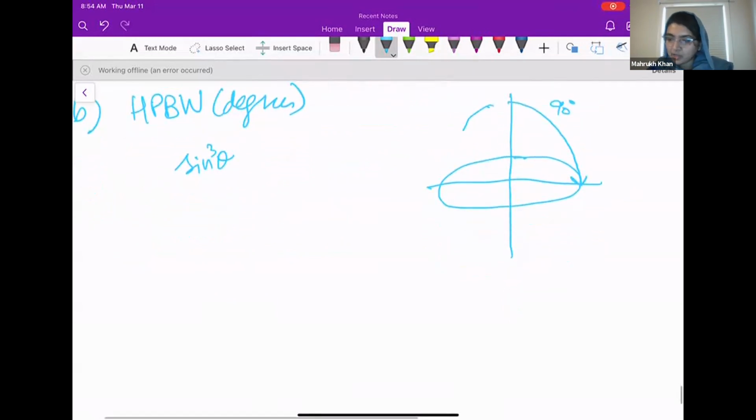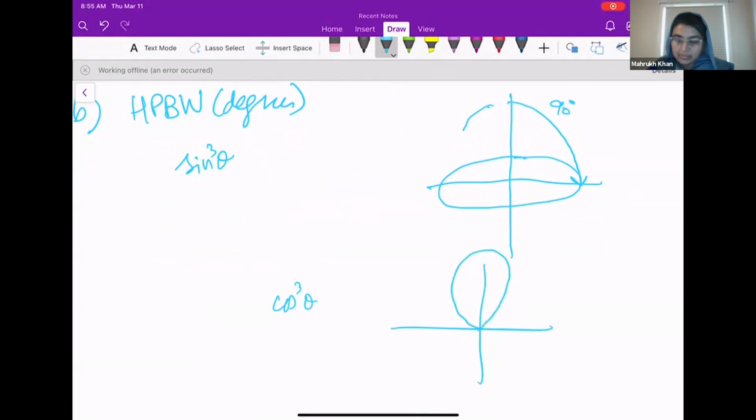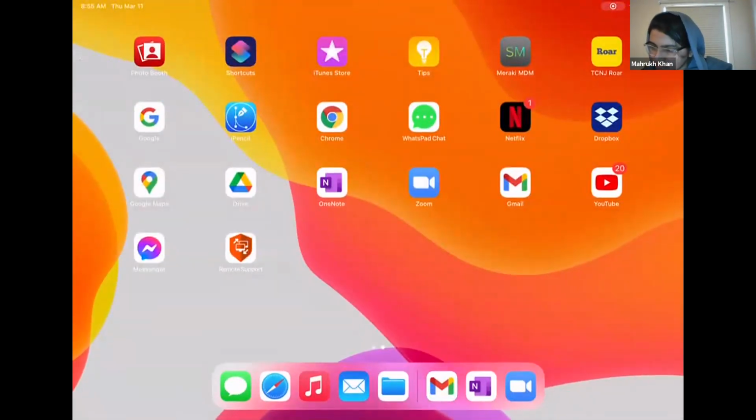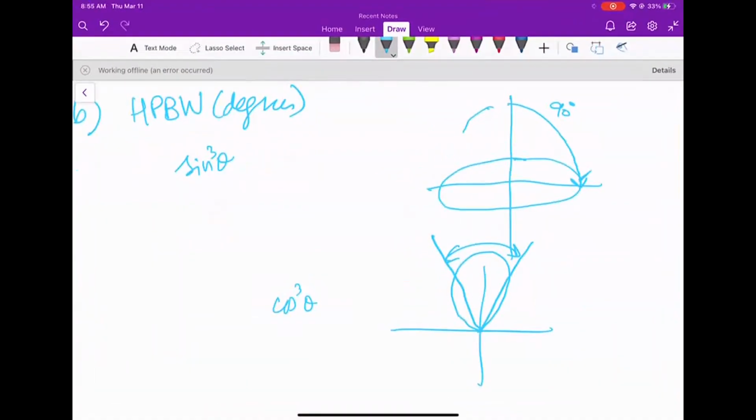When you have cos cubed theta or cos theta, it's a directional pattern. That's why when you were finding half power beamwidth before, it was just our half power beamwidth. But in this particular case, oh, I'm not sharing my screen. Can you see my screen? Yes, we're able to see your notes. Can you see now?